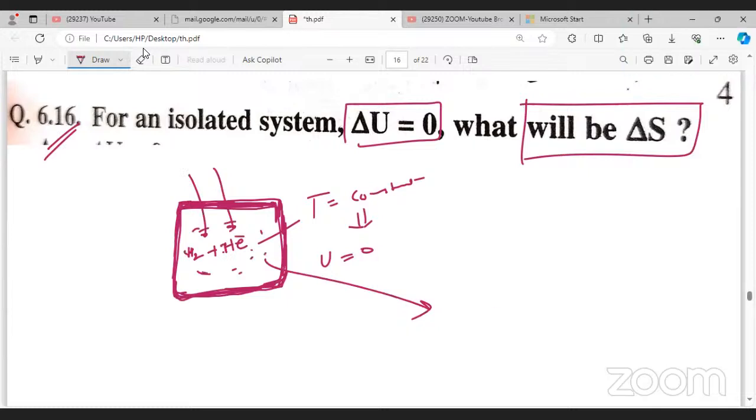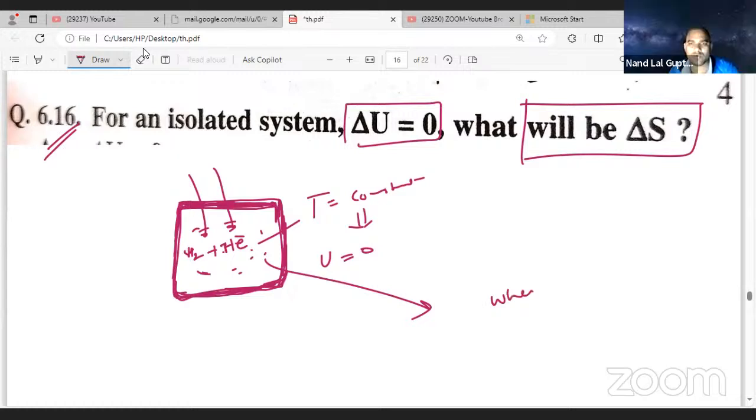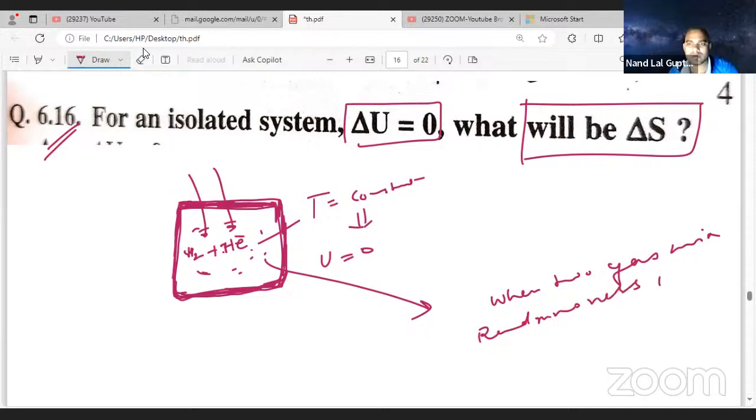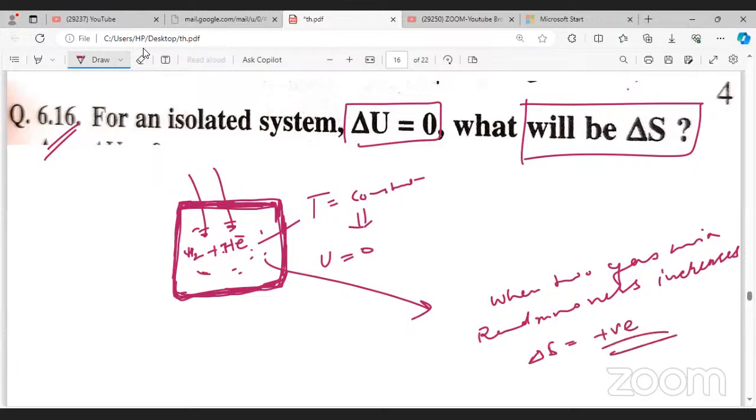So when two gases mix, randomness increases. Whenever you are mixing gases, even if the gases are alone, they will randomize. Gas will be in random order. So randomness increases, so delta S will be positive.